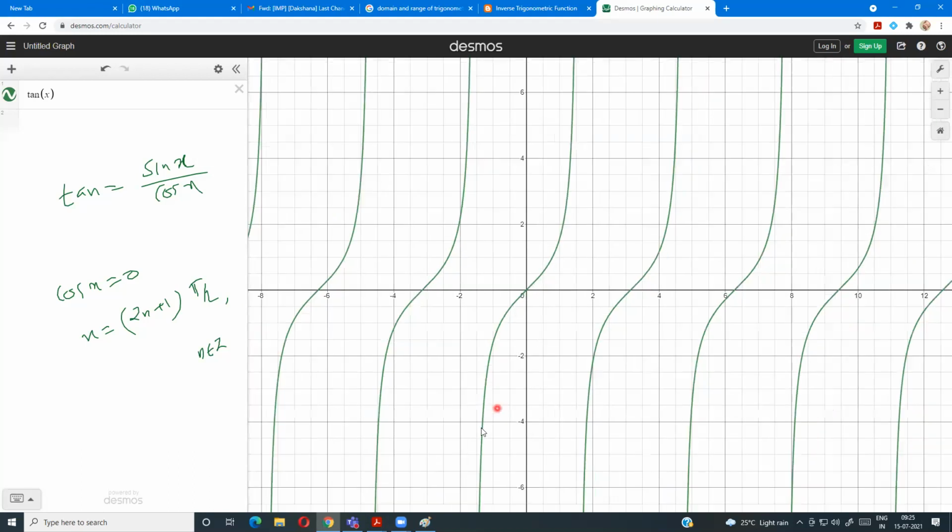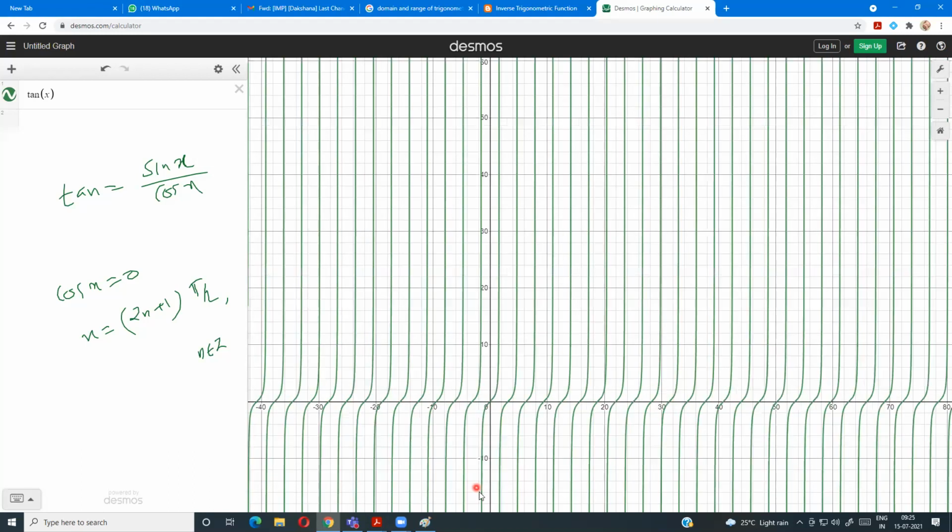From minus pi to pi, after that the graph is repeating. So tangent is periodic with period pi. Sine, cos, and their reciprocals cosecant and secant are periodic with period 2 pi. Tangent and cotangent are periodic with period pi.